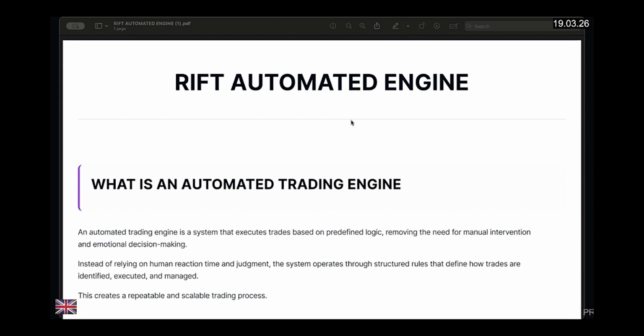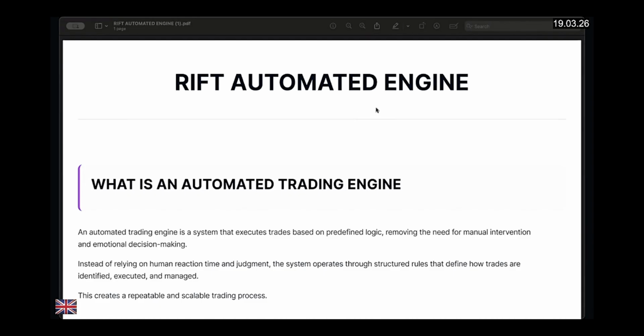Earlier markets moved slower and humans could react faster. But now markets move instantly, within milliseconds, and human reaction is very late, in microseconds. Whenever a Bitcoin breakout happens, price moves with volatility of $200, $300 instantly.